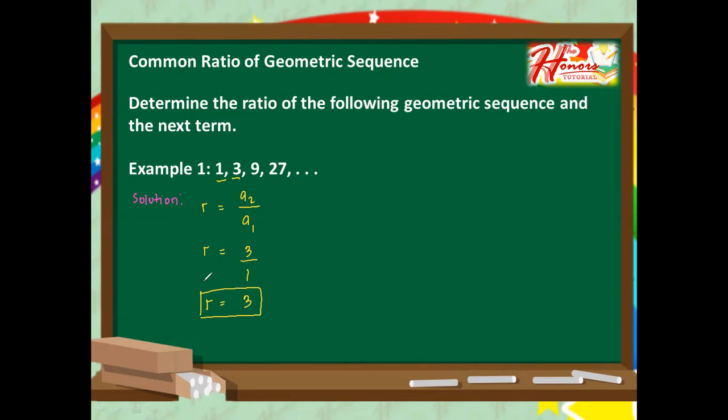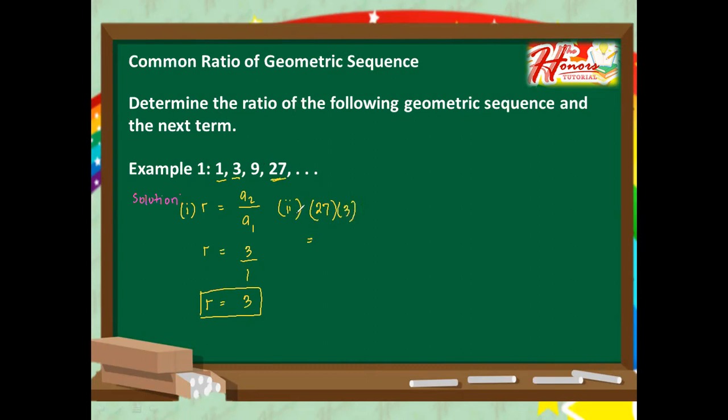Therefore, we have to multiply 27 by 3 to find the next term. So this is step 1. Step 2, to find the next term, take the last term, that is 27, times the ratio, that's 3.